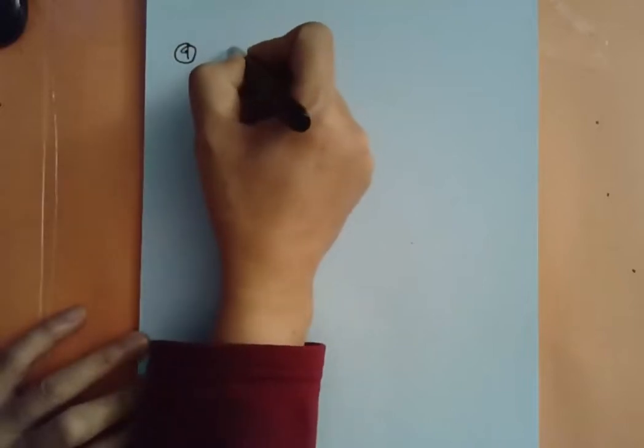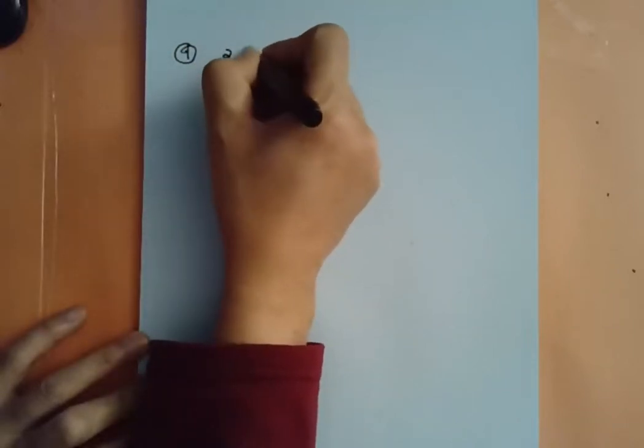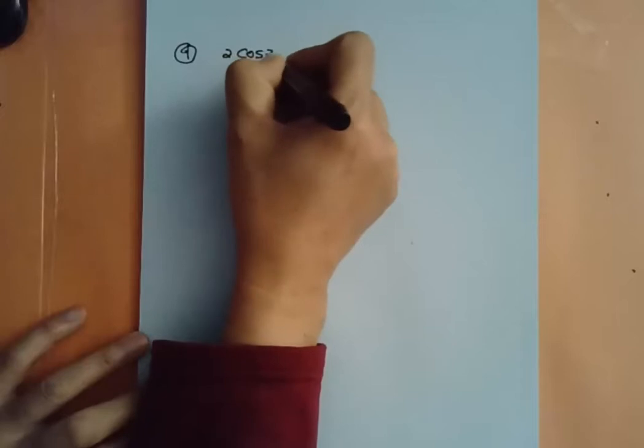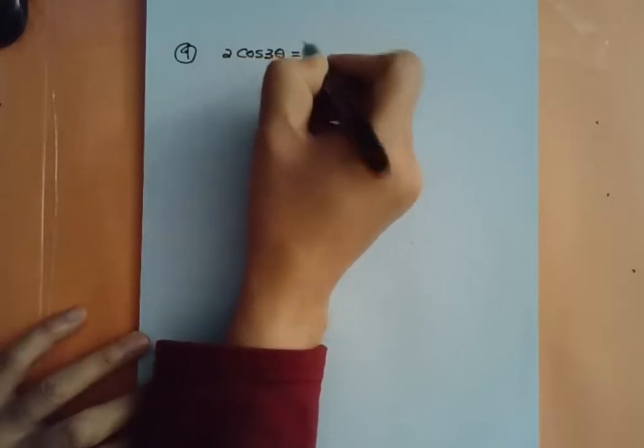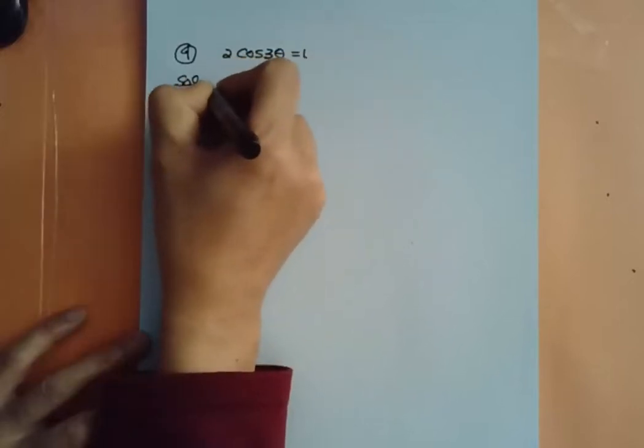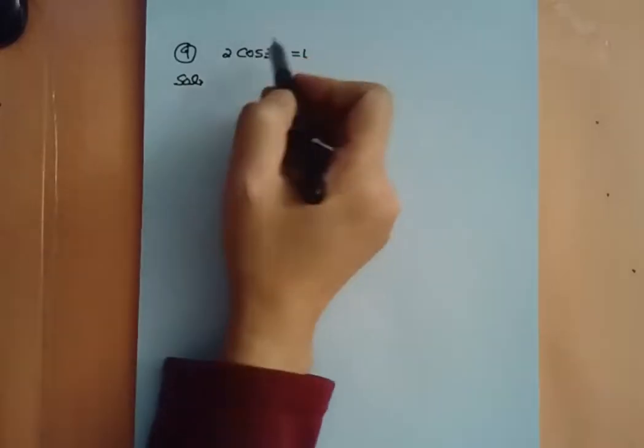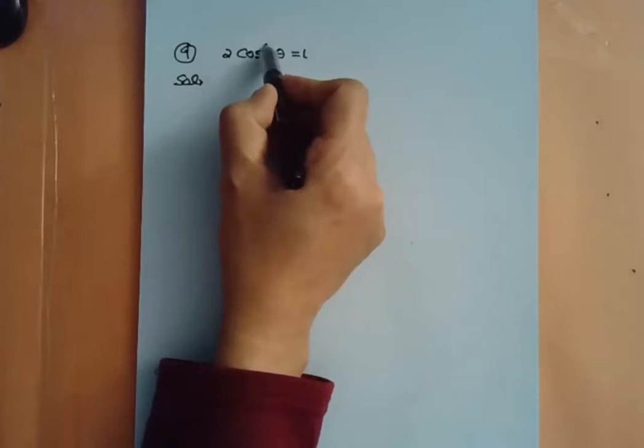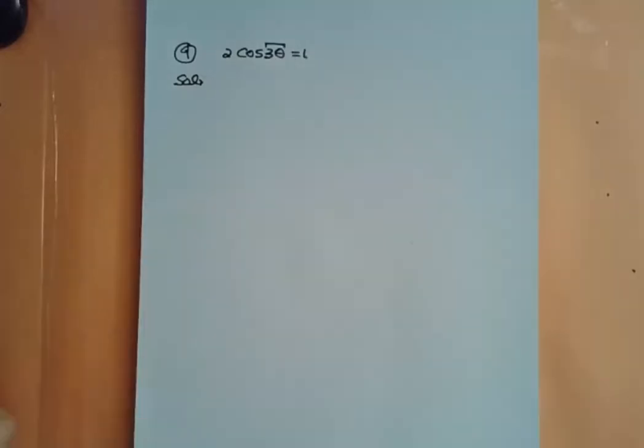So the next equation is 2 times cosine of 3 theta equals 1. So this time, instead of theta, 3 theta is given here.